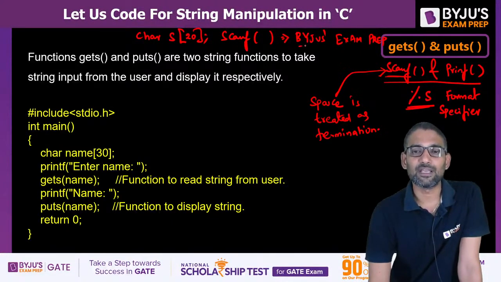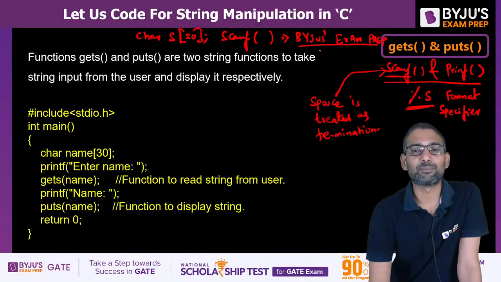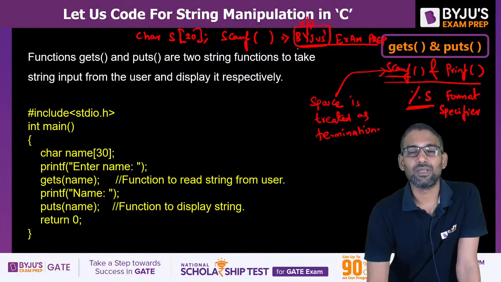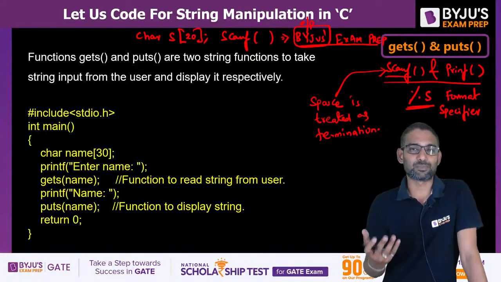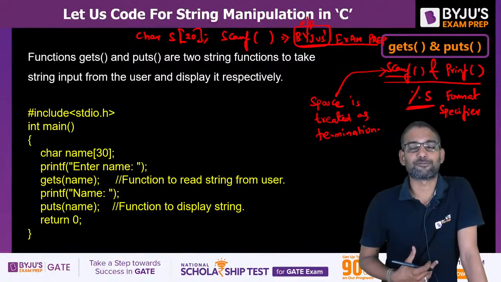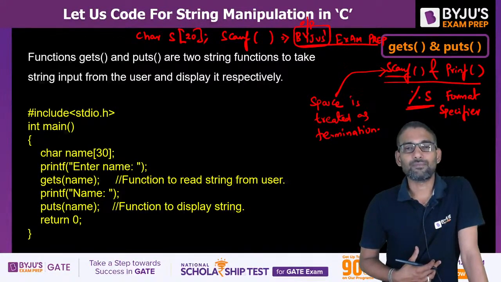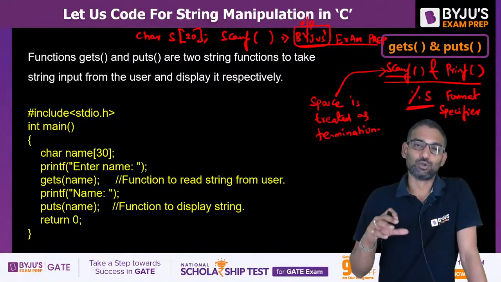If I give input in this way, whenever I print, I will get only BYJU'S as output. It means the other words, exam and prep, after the spaces are not taken as input by scanf. So this is the difficulty in giving input through scanf.